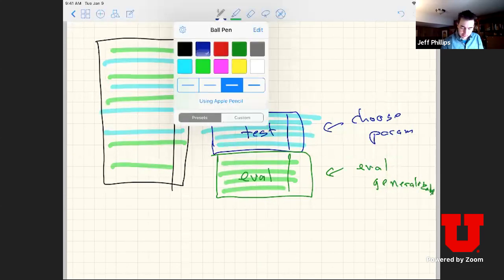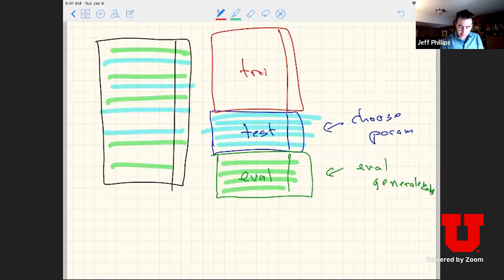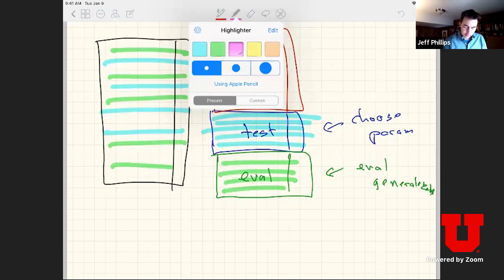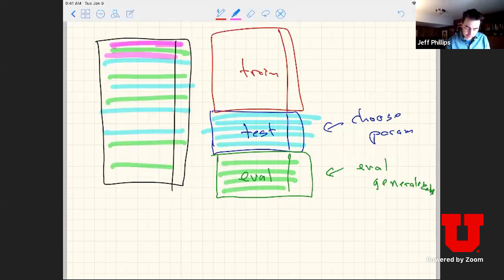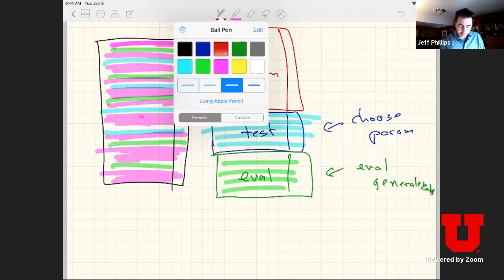Okay, and then everything that is left is going to be up here, which is the training data. Okay, so if I do it in this way, it's okay.